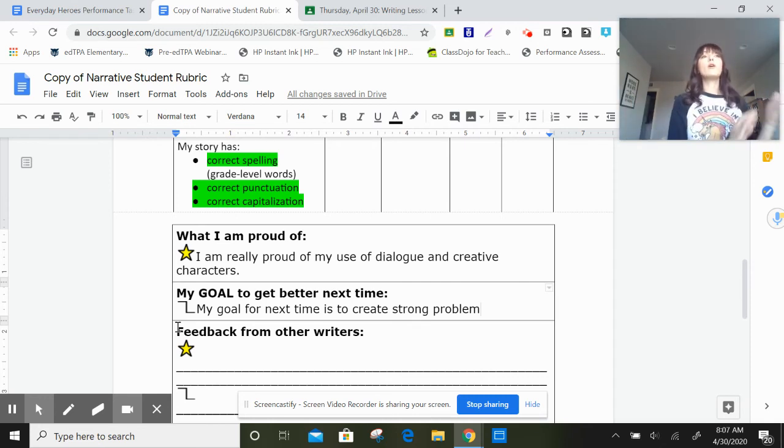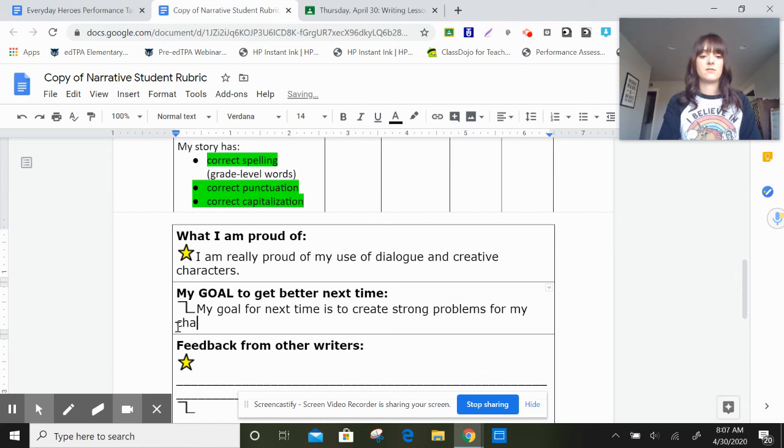I could have said they had a hard time getting back to his house, even though they were starting to find their way, because maybe roads were closed or bridges were closed, or they ran into some scary mice or people. And I could have really made my story more interesting by having harder problems for the characters, right? So I'm going to work on that, to create strong problems for my characters, to make my story more interesting.